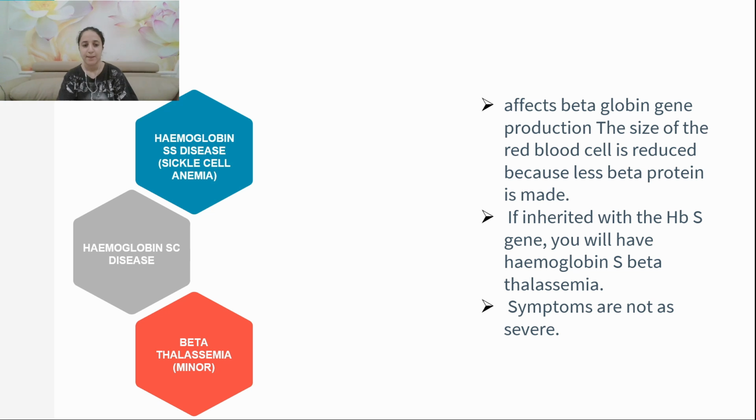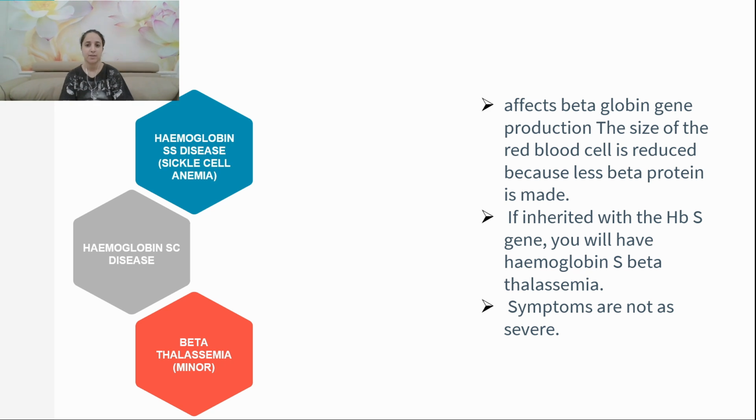The third type being beta thalassemia minor. Here this condition affects the beta hemoglobin gene production. The hemoglobin found inside the body is basically made of 4 subunits, 2 of which are alpha and 2 are beta. So here the beta globin gene production is affected.